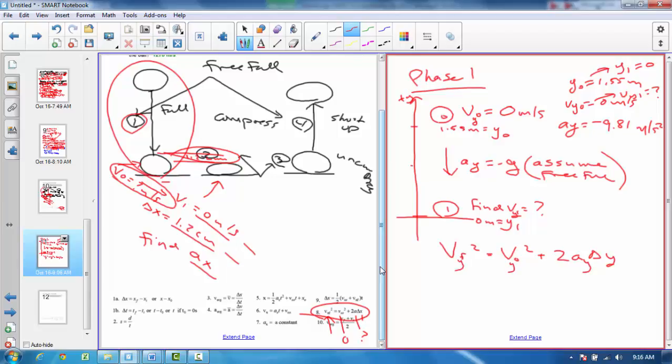And the nice thing is we know that's 0, that's negative 9.81, and this is 1.55. So vy final is the square root of 2 times negative 9.81 times what?